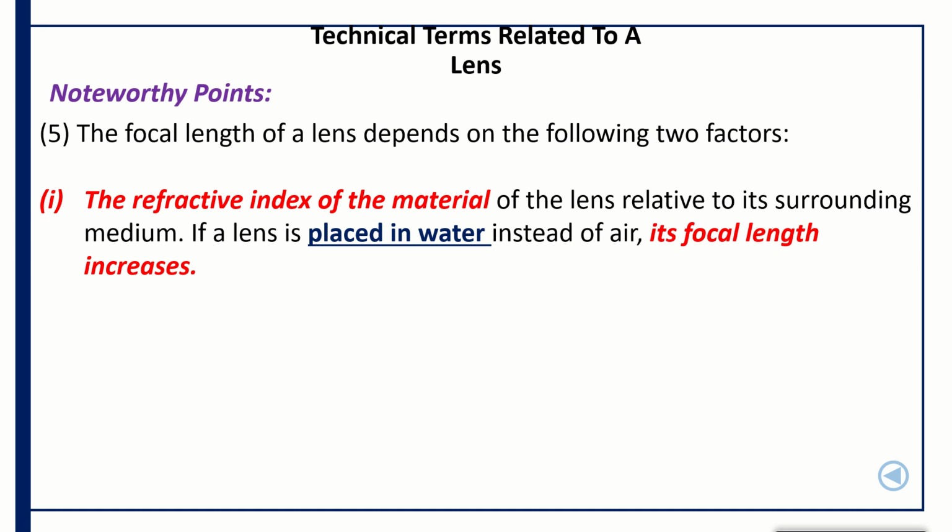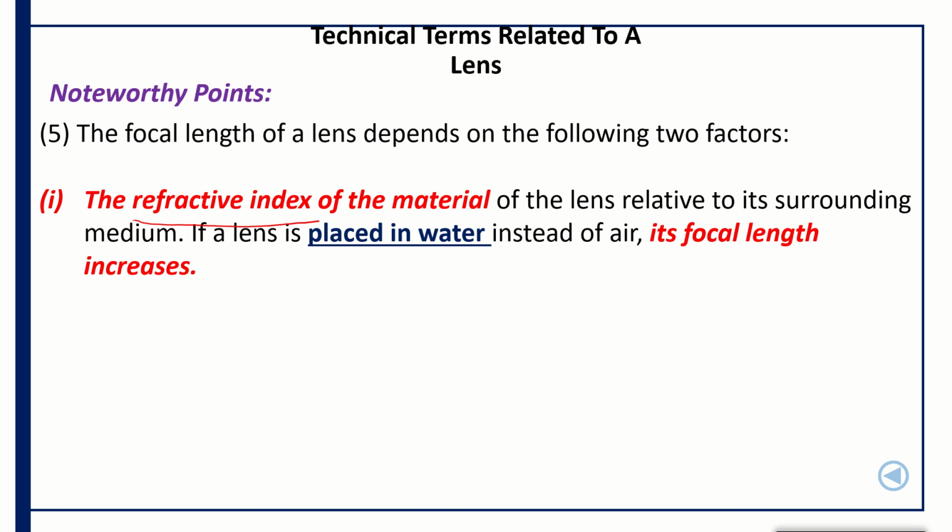If I take the ratio of the sine of the angle of incidence to the sine of the angle of refraction, it gives me a constant, right? Or the ratio of the speed of light in the first medium to the speed of light in the second medium also gives me the same constant, and that constant is known as the refractive index of the material.